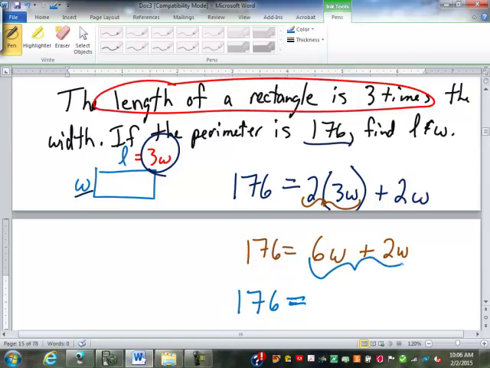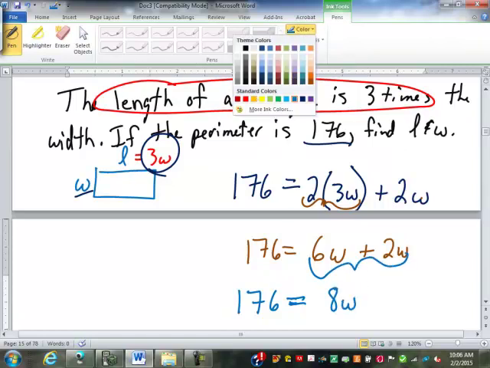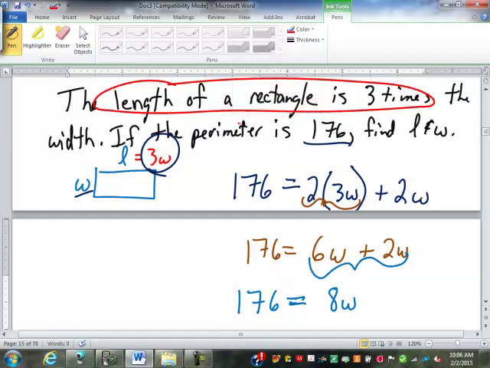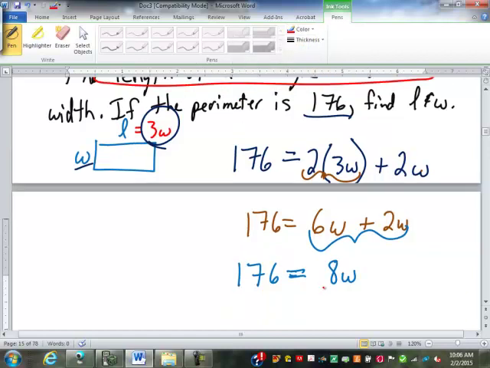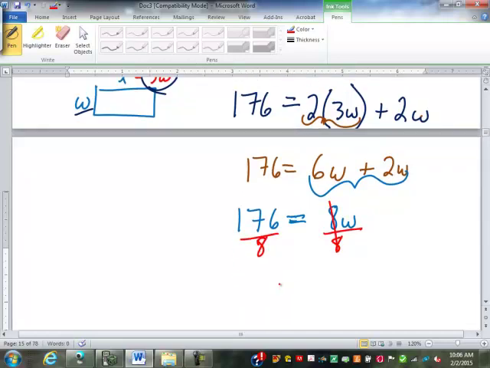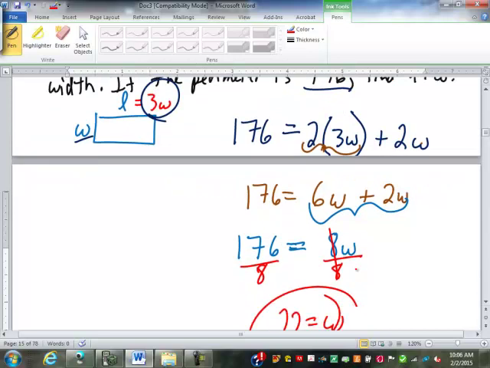But we can add 6W and 2W makes 8W. And then divide by 8. 176 divided by 8 is 22 equals W. Good. I didn't do it that way, but I did get it. As long as you got it, that's what matters.